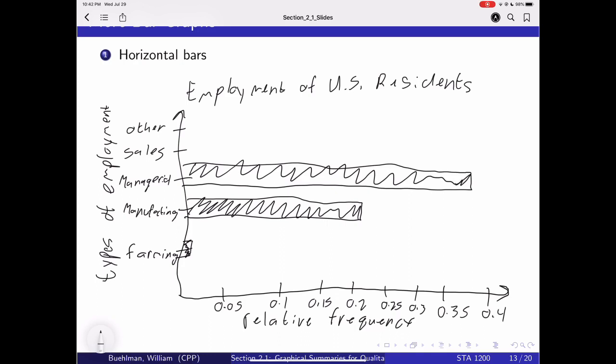Sales is the next one, which was 0.242. So almost 0.25. And finally other, which was 0.176. So between 0.15 and 0.2, which is about here.